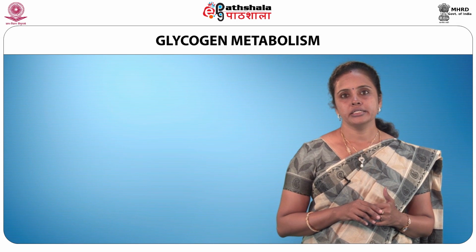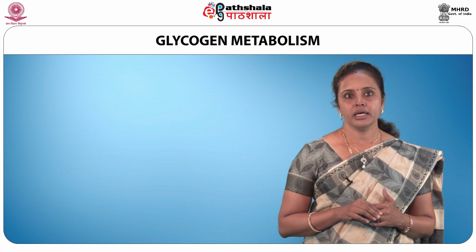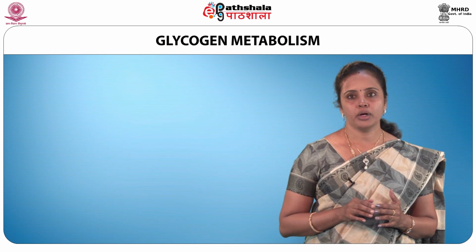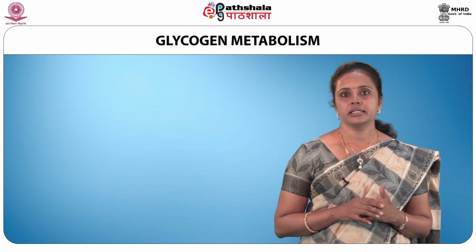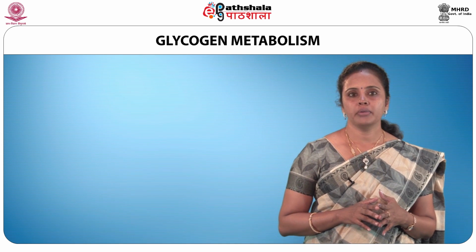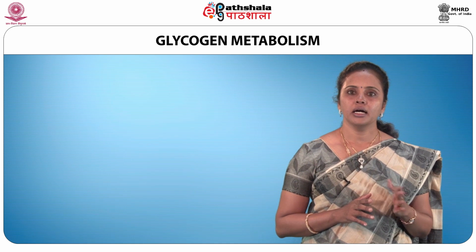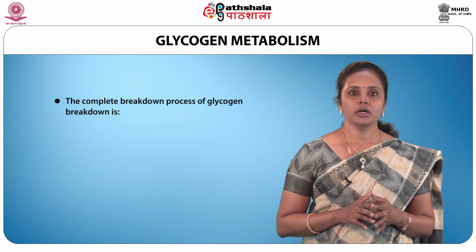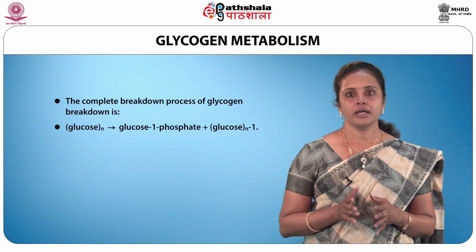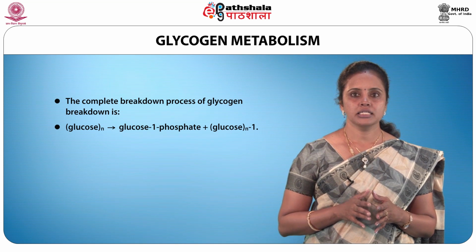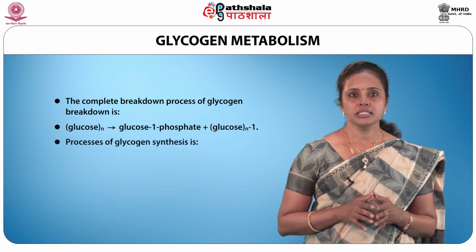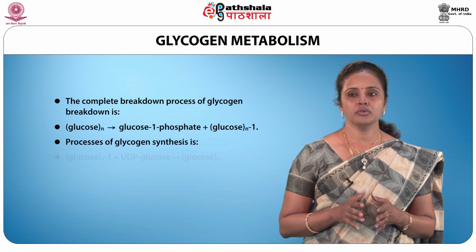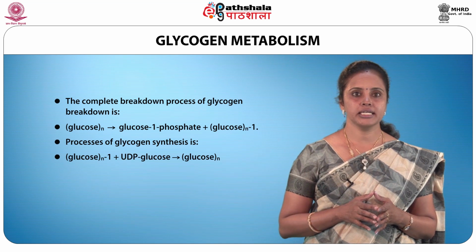The biochemical pioneers of glycogen metabolism were the Corys, that is Carl Cori and Gerty Cori, a husband and wife team. They demonstrated that glycogen is broken down by phosphorylases. In the complete breakdown process, glycogen is broken down to glucose 1-phosphate and a glycogen chain shorter by one glucose residue. The process of glycogen synthesis is the reverse of it, where one molecule of glucose is added to the glycogen chain.